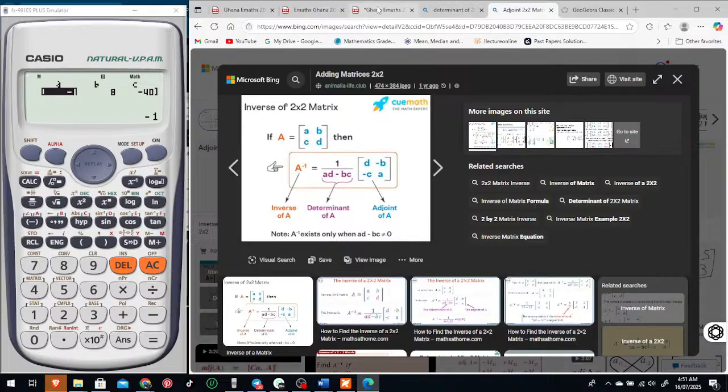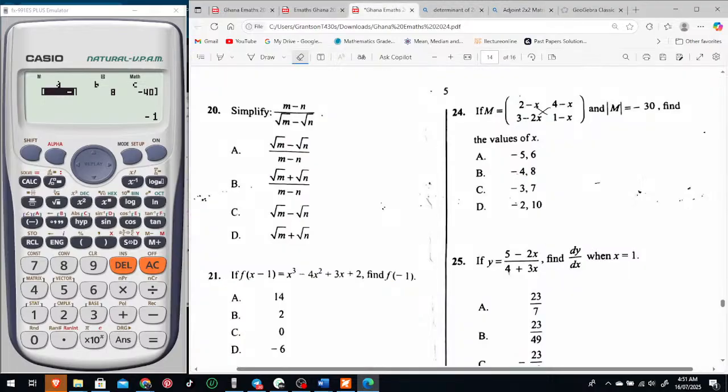Oh, I didn't write it well. So this and this: 2 minus x times 1 minus x, minus 4 minus x times 3 minus 2x equals 30.